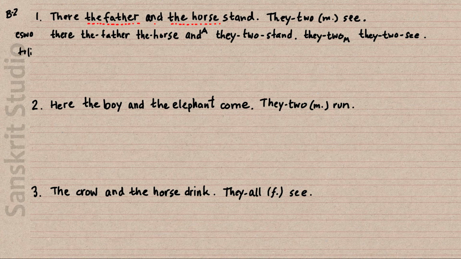Transliteration here, and so tatra for the adverb, and we have the father, who is Janaka, and we have a horse, Ashwa, and this is nominative singular, so this is like the basic form, we can say.